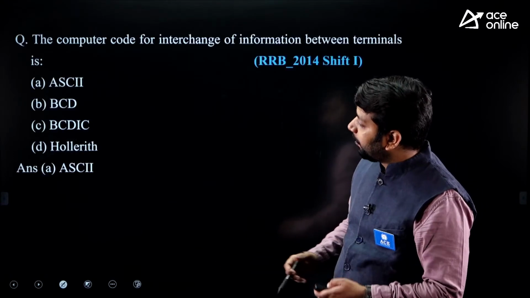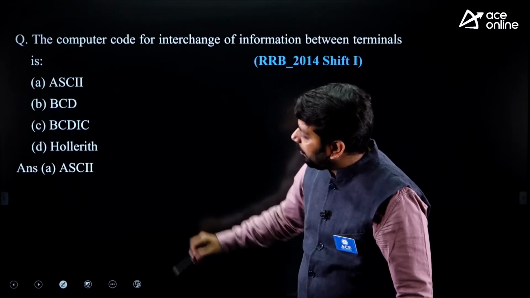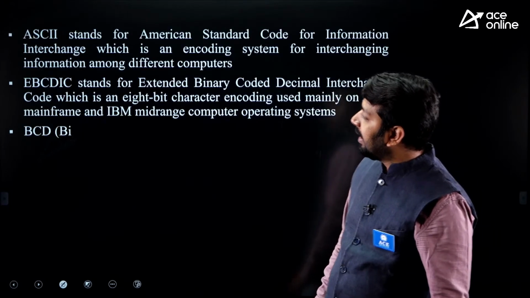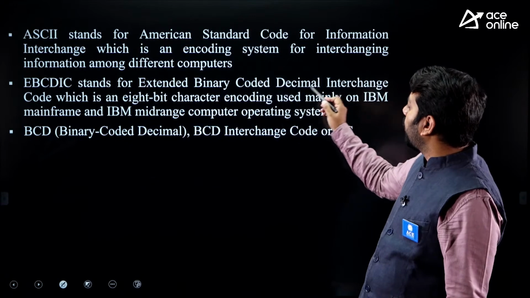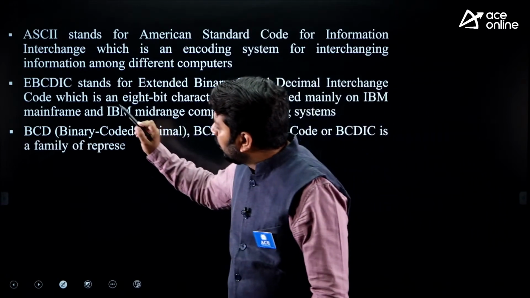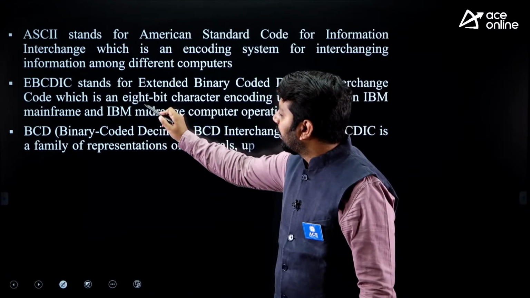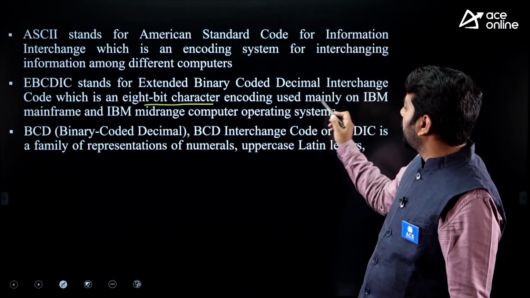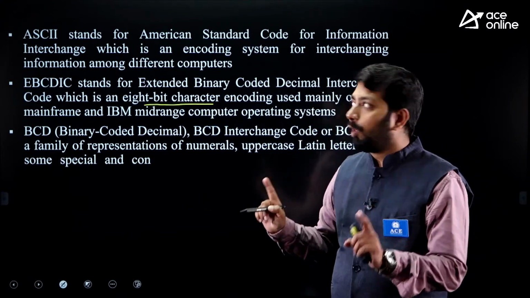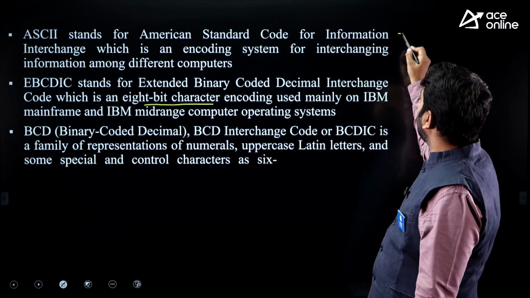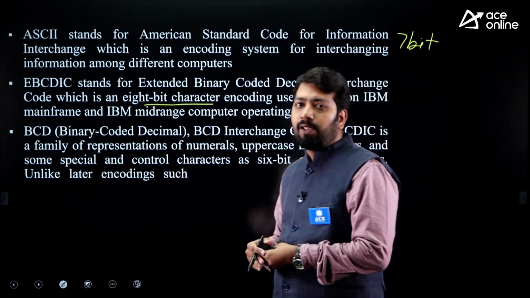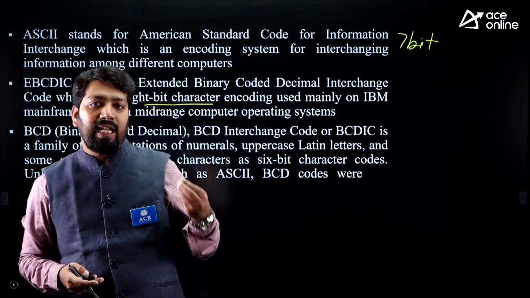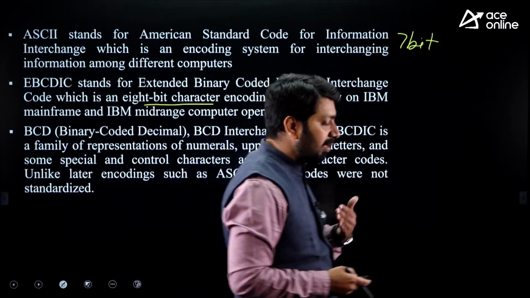We have four options, so let me tell you about each of them. EBCDIC is Extended Binary Coded Decimal Interchange Code, an 8-bit character encoding used mainly by IBM only. ASCII is a 7-bit representation. There is an extended version of ASCII which supports 8-bit, but original ASCII was 7-bit.